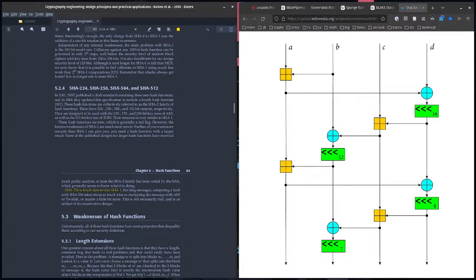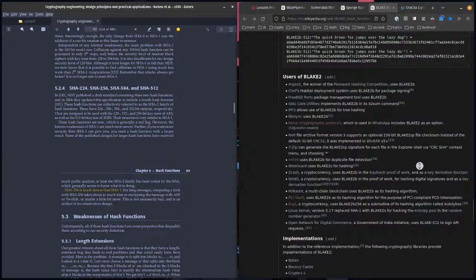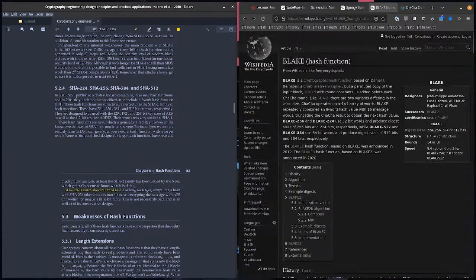I suppose this diagram isn't the clearest about what Blake does, but the quick take is that it's constructed from the Cha-Cha stream cipher. So it's based on a stream cipher is the takeaway there. If you'd like to read more about it, check out Wikipedia and look into Blake 2 and Blake 3. I think this week's homework actually had an exercise using Blake 3, so we might dip into that.